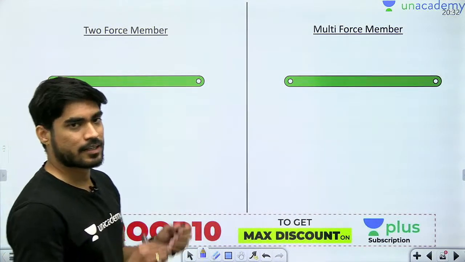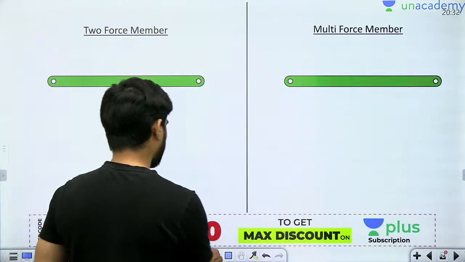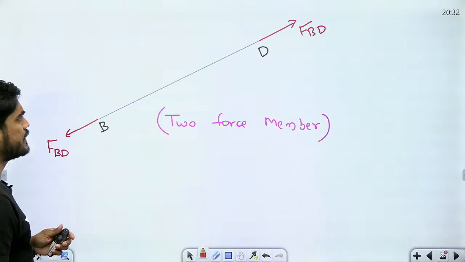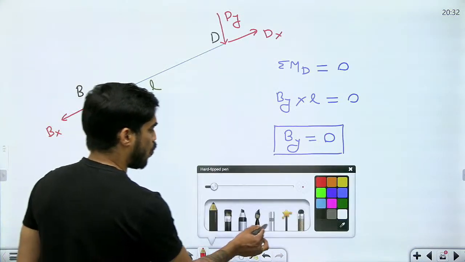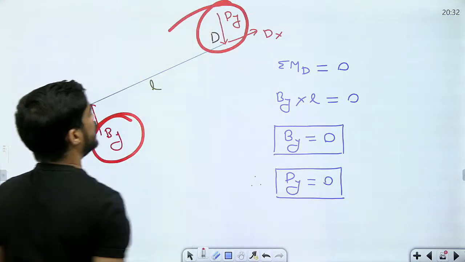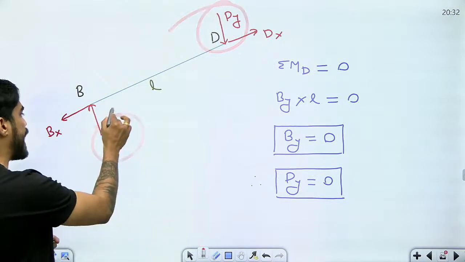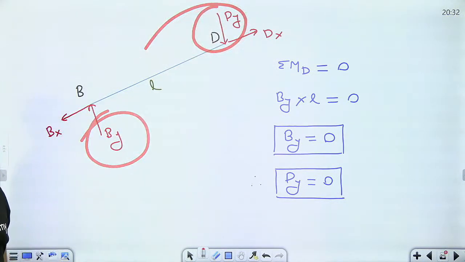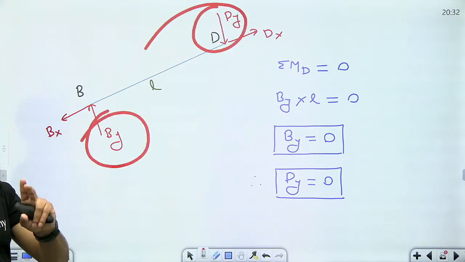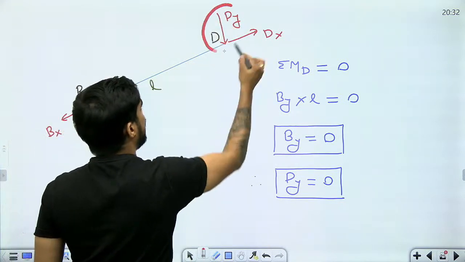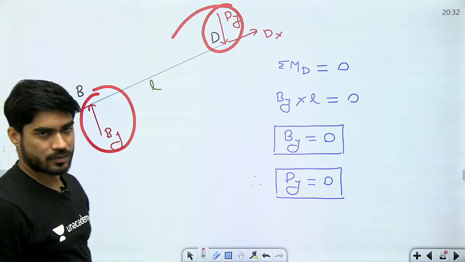Okay, so understand, in this case by and dy became zero. Why did by and dy become zero? There are two reasons why by and dy became zero.